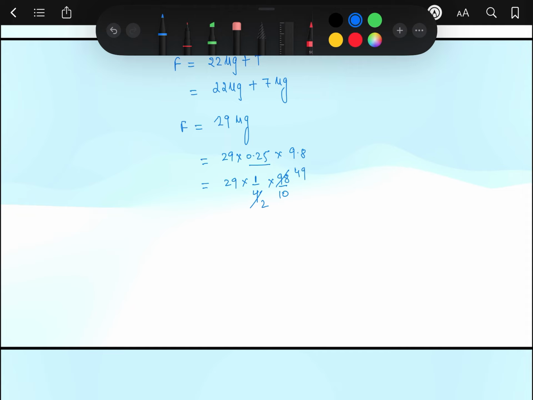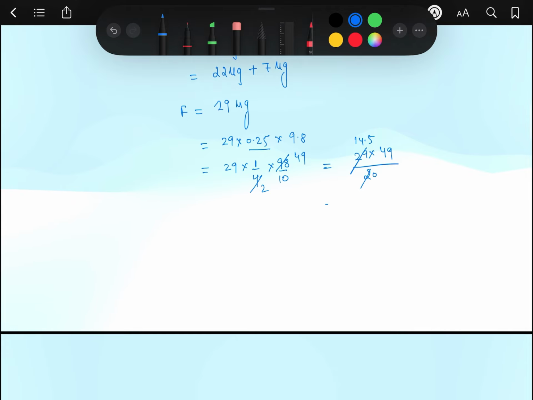Okay, so if we multiply these terms, 29 multiplied by 49 divided by 20, so I can cancel this also. That will be equal to 14.5, divided by 10, so this term will be 1.45 multiplied by 49.